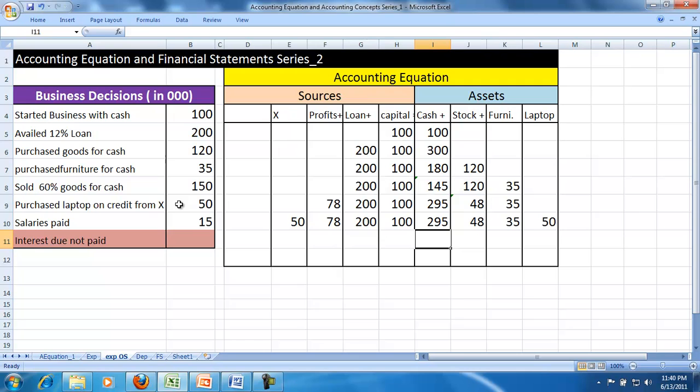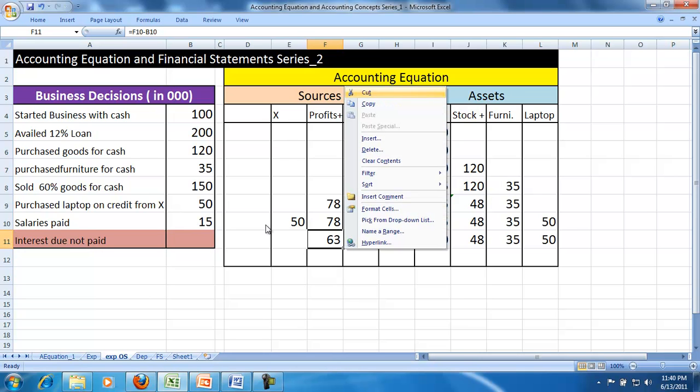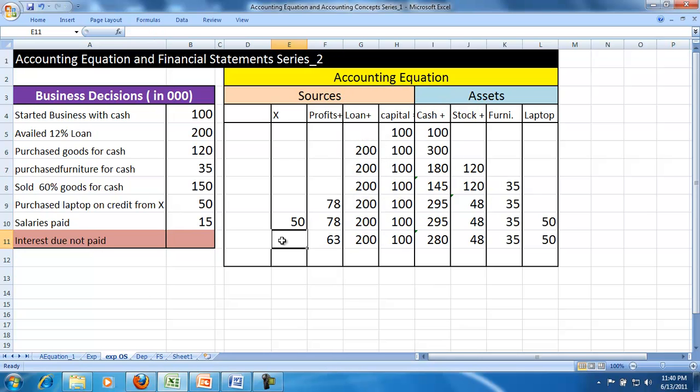So what did we do? If I pay the salary, minus 15, no change in the stock, the furniture, or the laptop, but the profit will reduce by the salary, and no change in the money due to X.